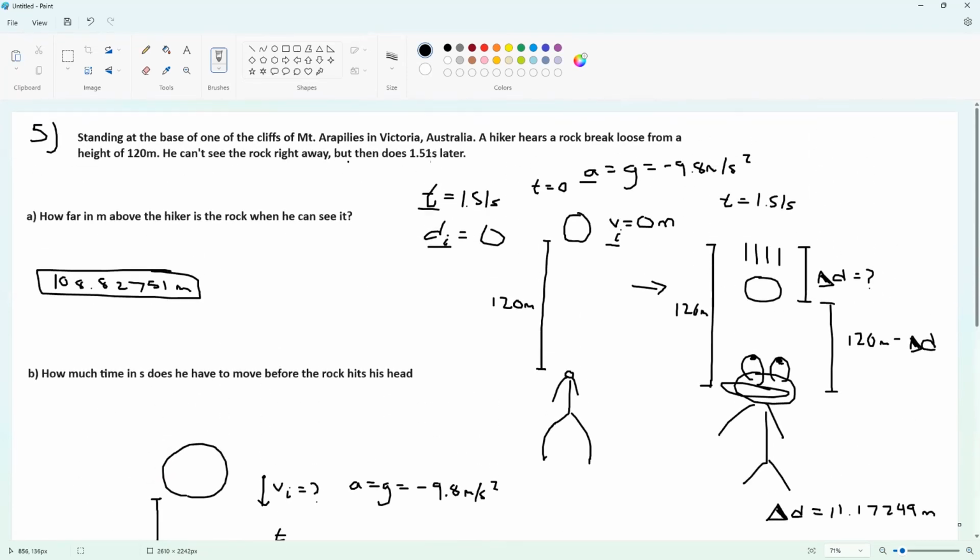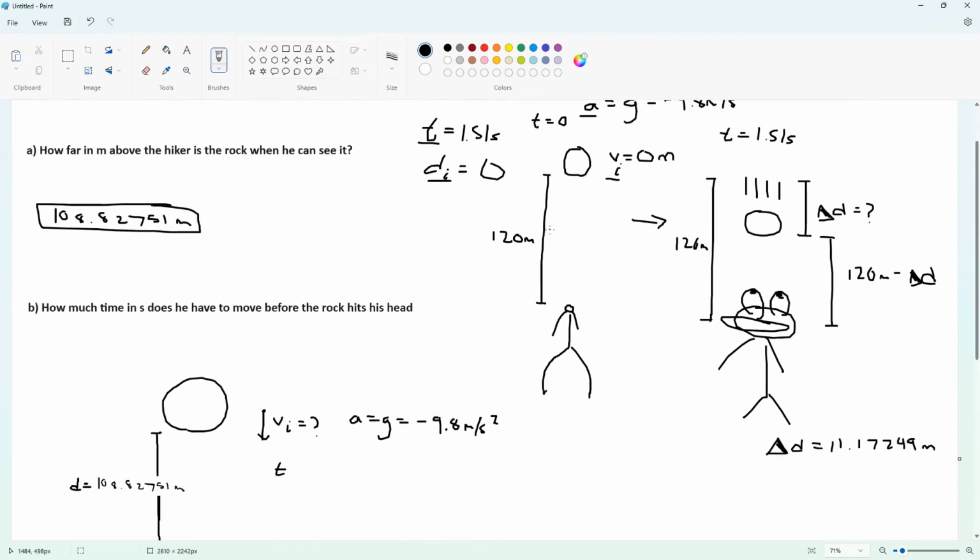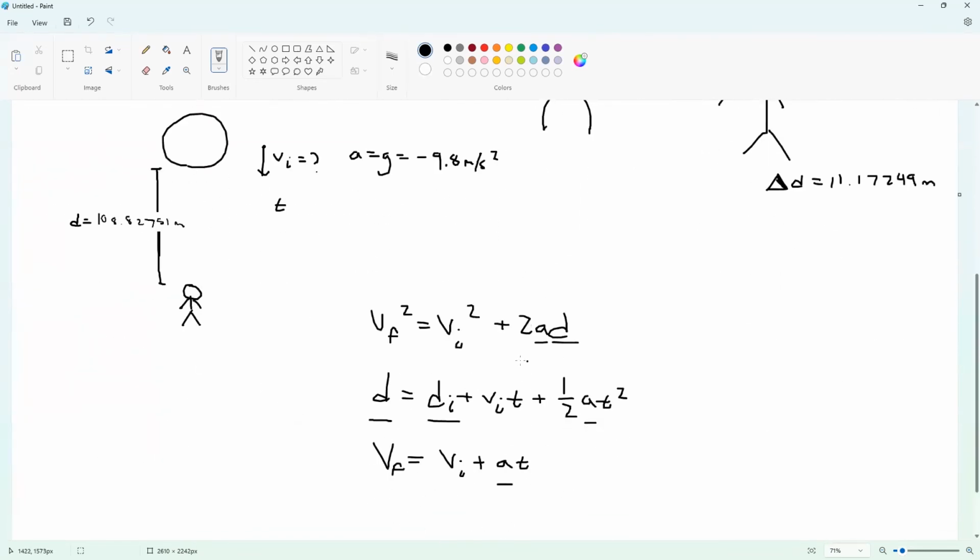But remember, we have more context. The rock did fall some distance from a standstill. We've gone through similar problems in the past where we found the velocity that an object has after accelerating over some distance, which is going to be this kinematic formula right here.